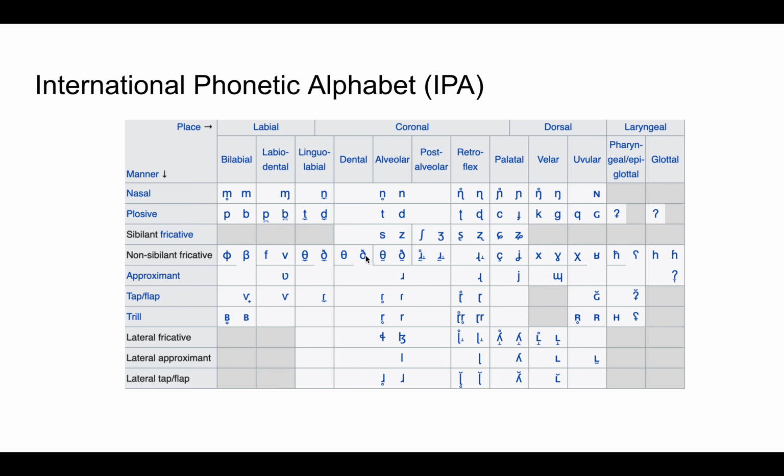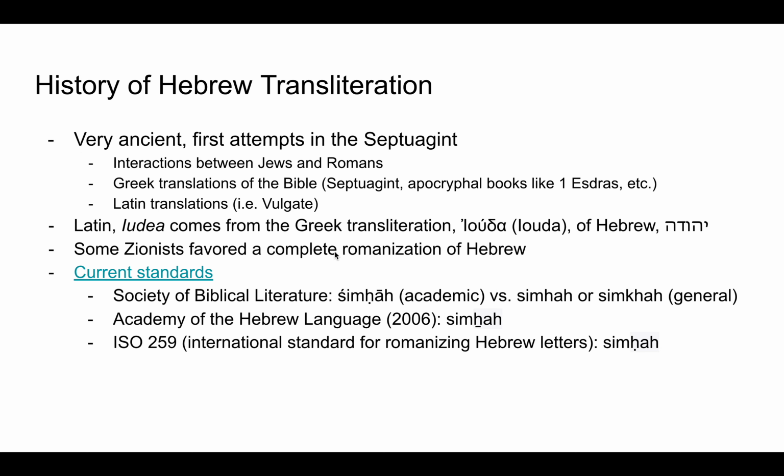I think that's eth and theta. If you say the th in think, there is no vibration in your vocal cords. If you say the th as in then or that, there is a vibration. Okay, hopefully that makes sense.